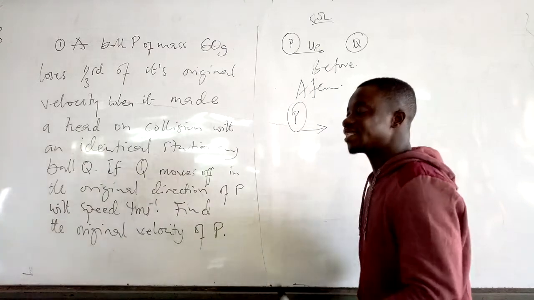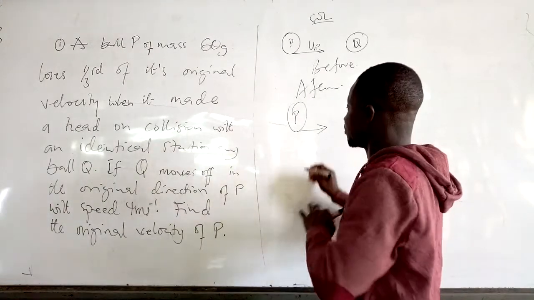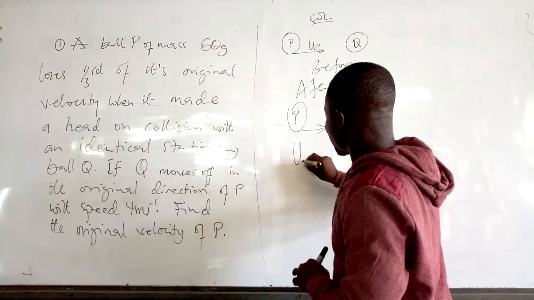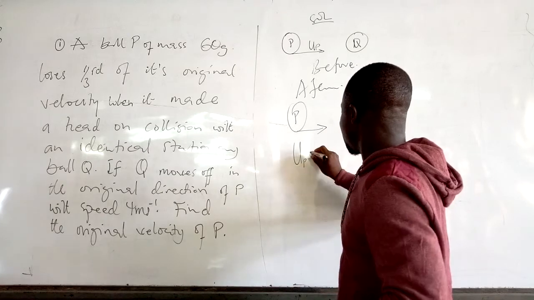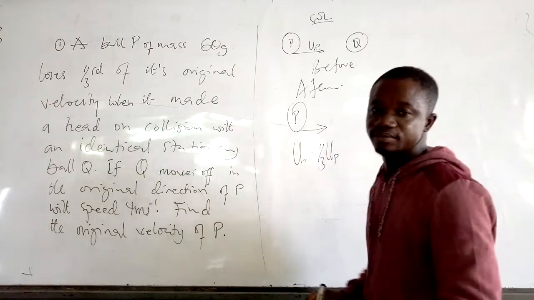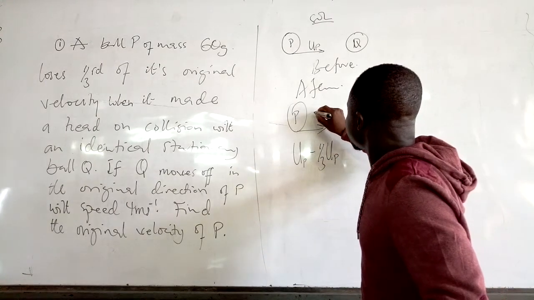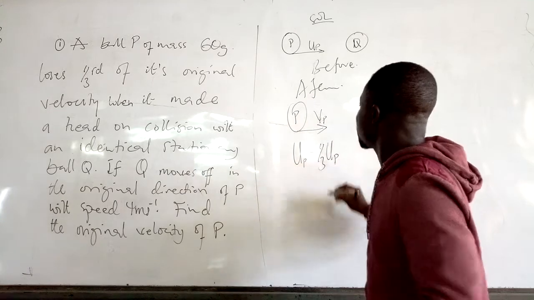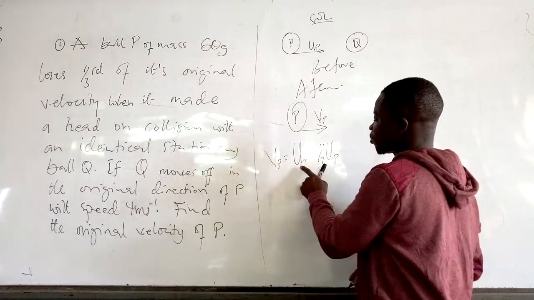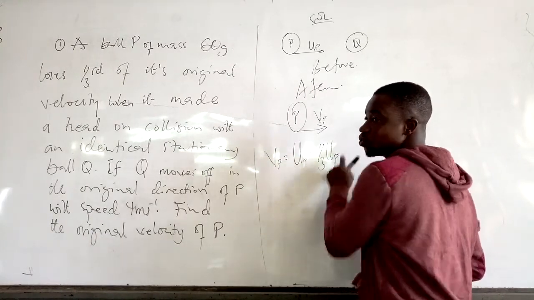What that means is that the velocity that P moves with after collision is the original velocity of P minus 1/3 of that original velocity. P will move with velocity VP, but that VP is equal to the original velocity UP minus 1/3 the original velocity UP.